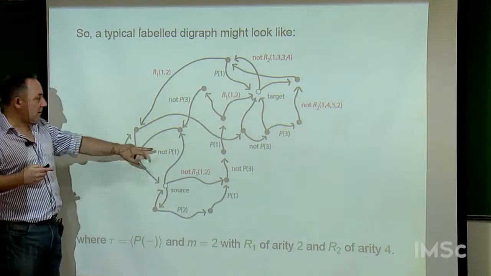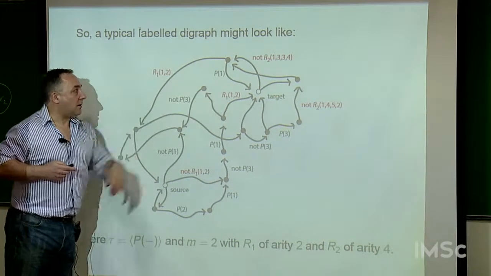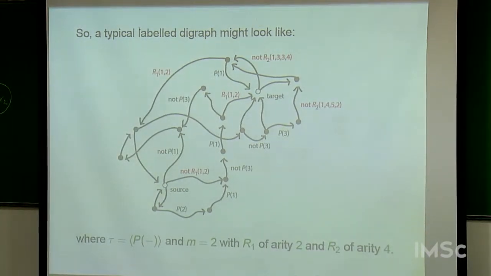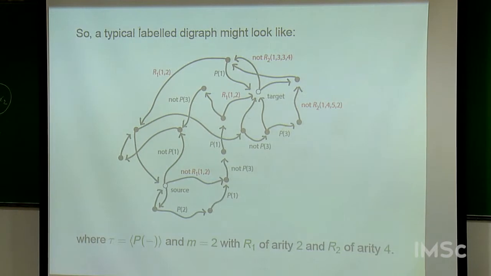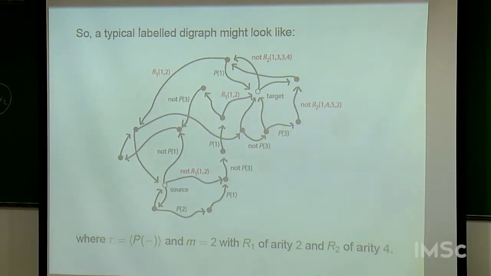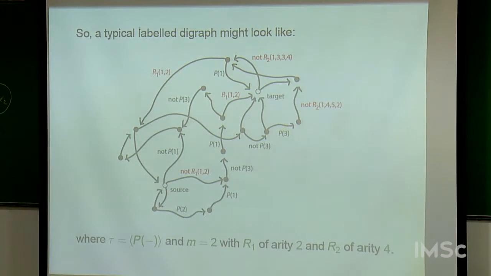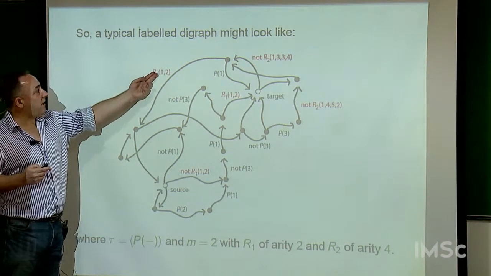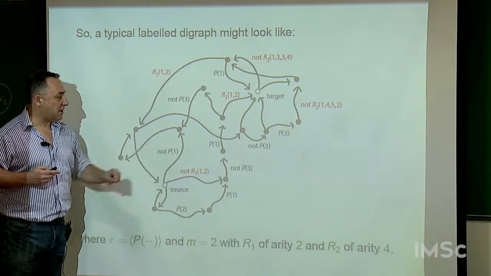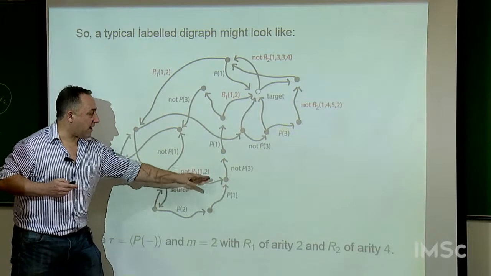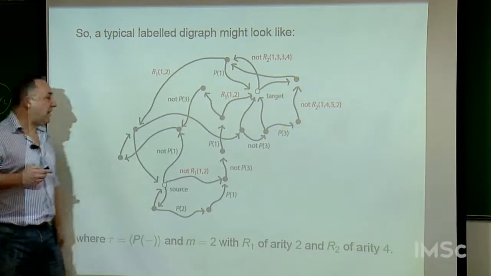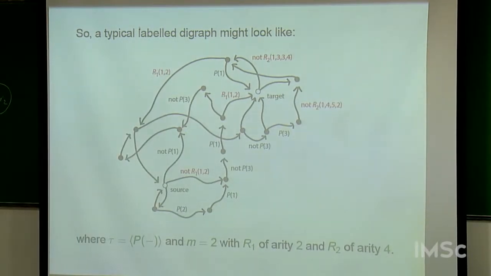I plug in the literals from my source structure, and that will kill some of the edges and retain some of the edges. And what remains are some R-labeled literals. And in order to decide whether it's a yes instance or a no instance, I want to try and find an assignment of true and false to these labels so that there's a path retained of edges.